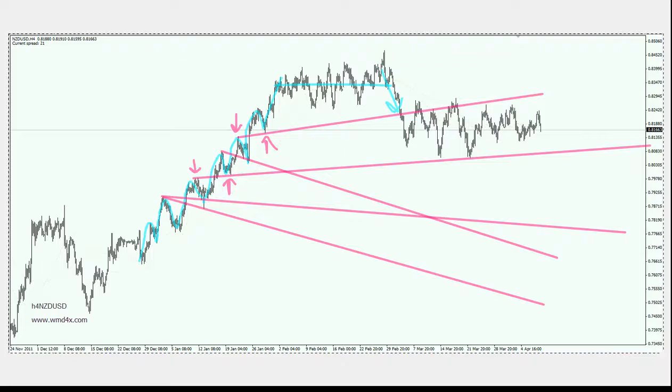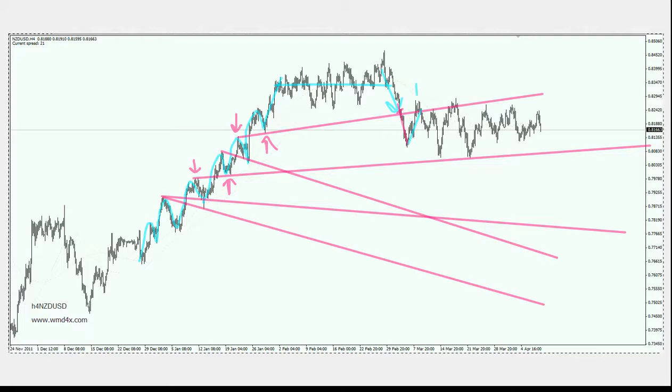Now, the first thing which you're going to note is that first line that we've drawn for support and resistance. Once the price broke under there, you'll notice she didn't give a heck of a lot of support, but the price broke straight through. When she pulled back, she's been acting as resistance, right?